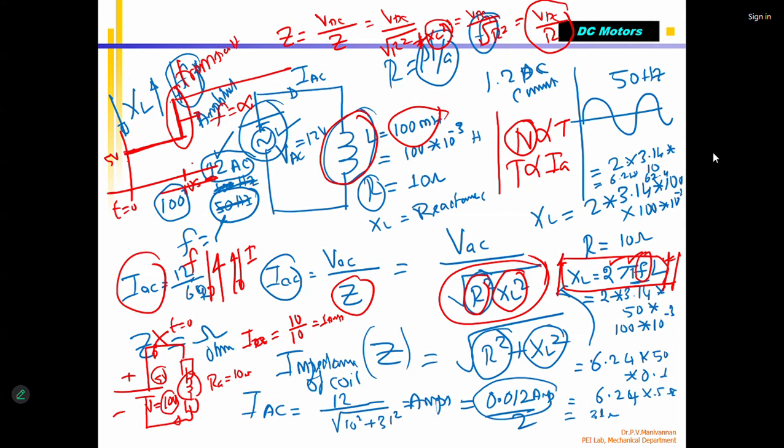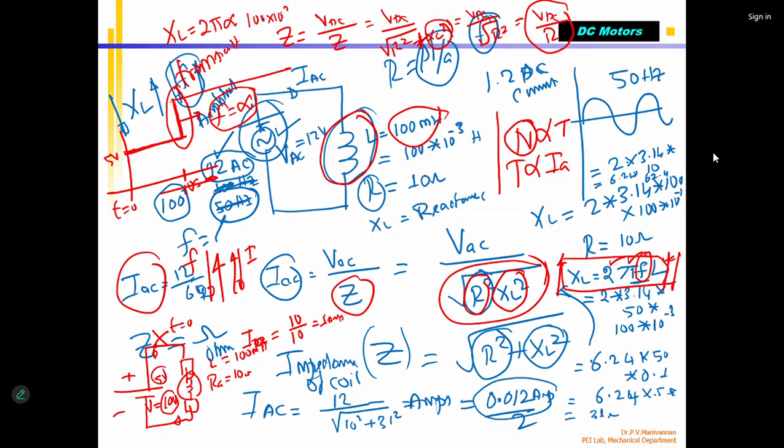Whenever a sudden change happens, it becomes like an AC voltage. What is the frequency of that? Infinity. Then what is my XL? XL equals 2 into pi into infinity into the coil inductance. My armature inductance, say L equal to 100 millihenries, for example, 100 into 10 power minus 3.